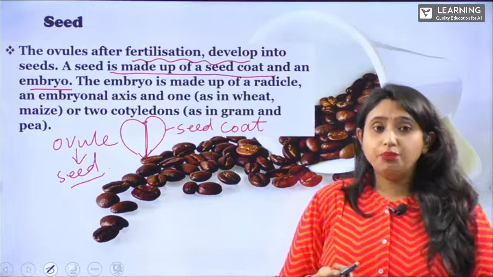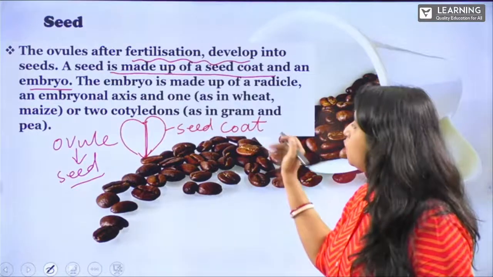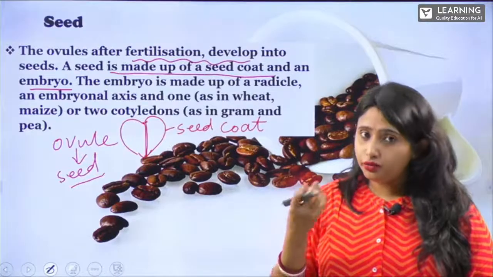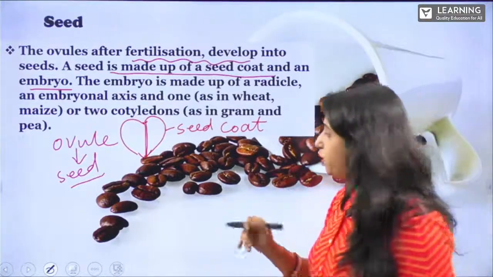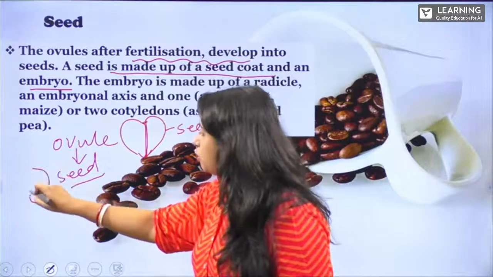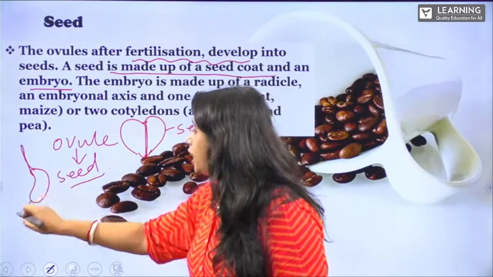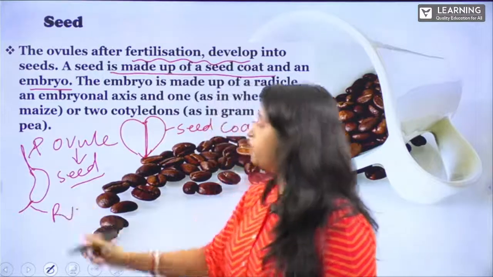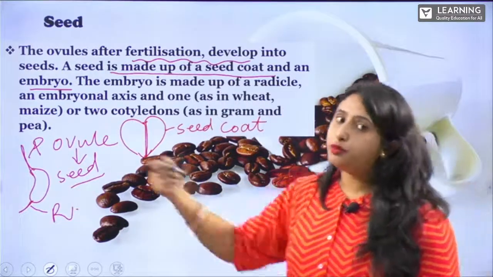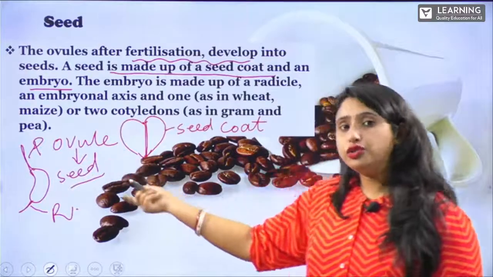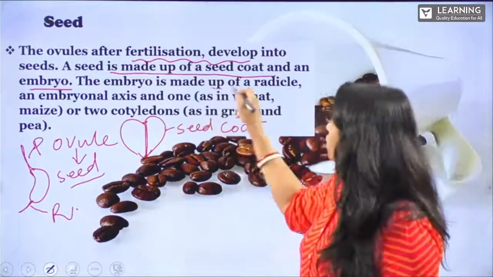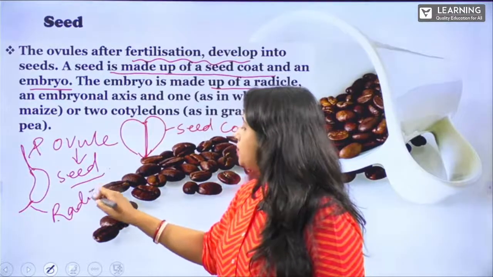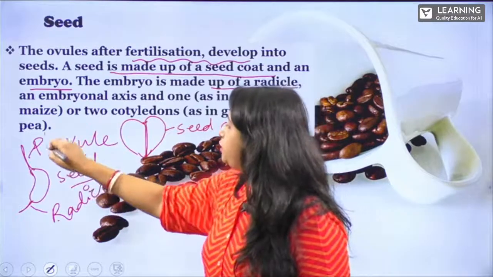So a seed is made up of your seed coat, and from the inside, the embryo will develop, which leads to the formation of radicle and plumule. From the radicle, the roots will come, and from the plumule, the stem or the shoot will come out. So the embryo has got two axes, that is your radicle and plumule.